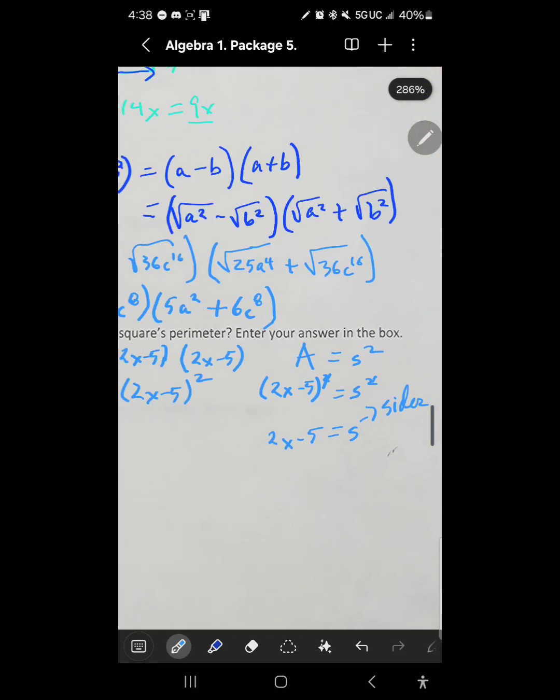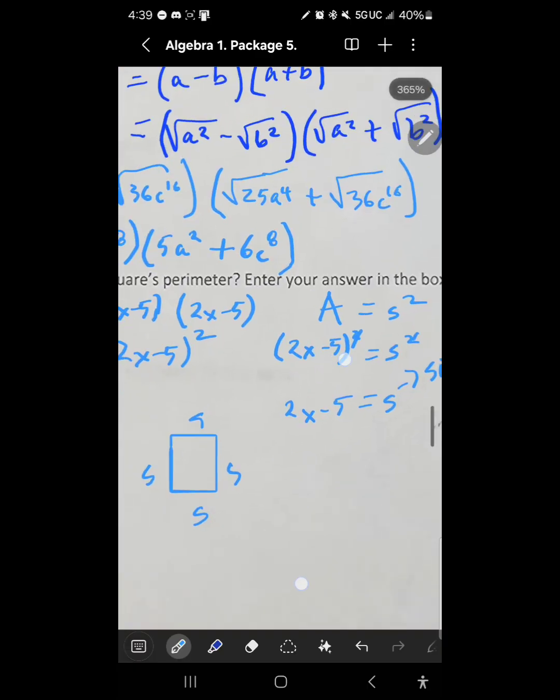Now, why? Because for knowing the area of a square, you need to multiply the sides. So, for example, this is a square, this 5, this 5. If we want to know the area, we say 5 times 5, which is 25 in this case. Or we can say this is a square, s, s, s, s. We say s times s, which is going to be s squared.